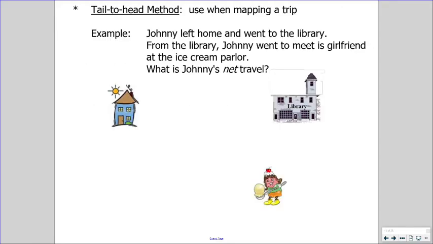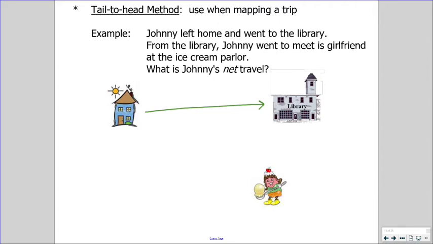So the tail-to-head method, this is the first one that I will demo. This is not the one that we're going to use today, but we use the tail-to-head method when we're mapping a trip. So let's say we have this example that Johnny left home and he went to the library. So from home to the library means that's what the vector is going to look like. The tail is where we start, the head is where we end.